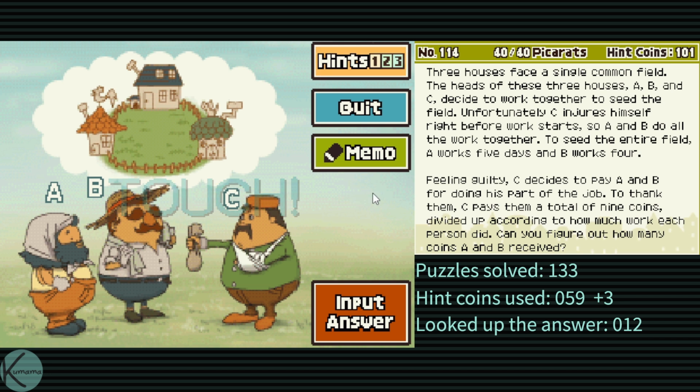Unfortunately, C injures himself right before work starts, so A and B do all the work together. To seed the entire field, A works 5 days and B works 4. Feeling guilty, C decides to pay A and B for doing his part of the job. To thank them, C pays them a total of 9 coins, divided up according to how much work each person did. Can you figure out how many coins A and B received?